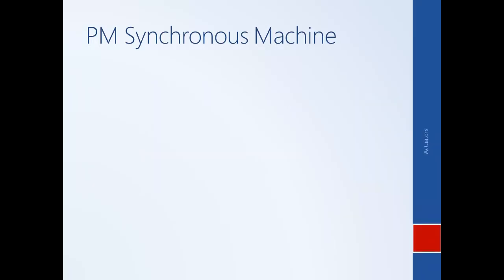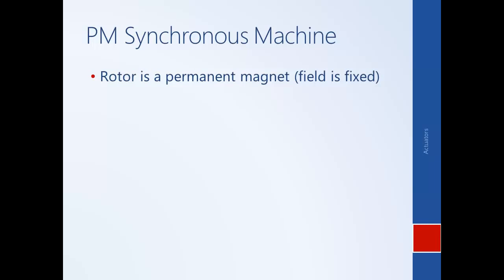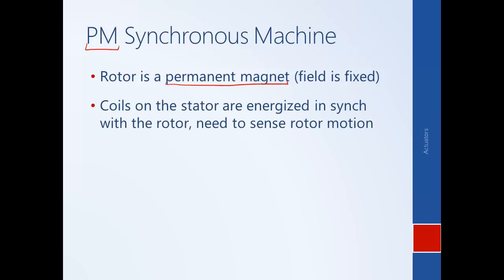Thinking back to that previous picture, the rotor is a permanent magnet, so the magnetic field is fixed, and this is where part of the name comes from. That's why it's called a permanent magnet machine. And the coils on the stator are energized in sync with the rotor. So that's why it's called a synchronous machine.